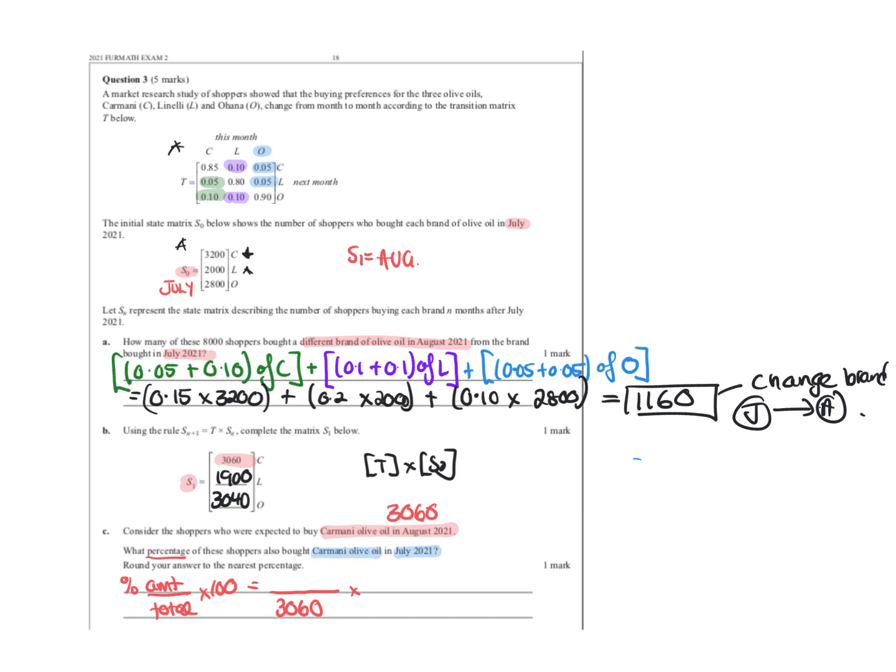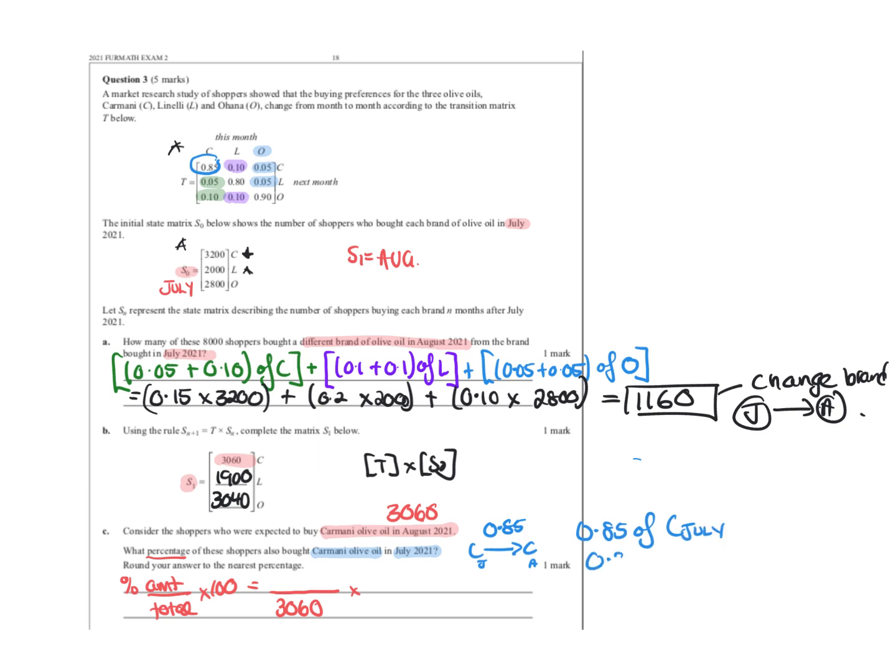So it's pretty much saying we want to know how many of C to C, and that's from July to August. So if you look at C to C up in your transition, it's 0.85. So 0.85 of the C in July go back to C. So what you're saying is 0.85 of C in July.